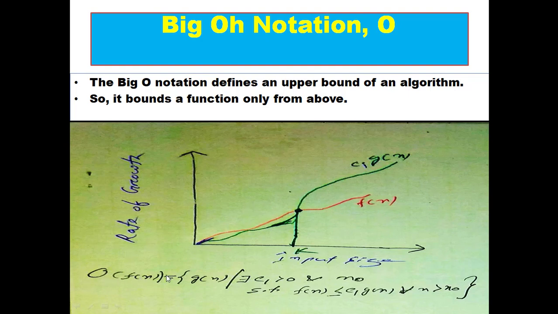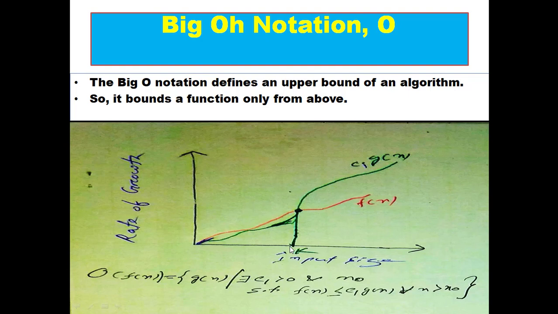Big O of f(n) will be g(n) if there exist c1 greater than 0, you will see that there is a constant c1 here, c1 into g(n), I am writing like that, and n0 such that f(n) is less than or equal to c1 g(n) for all n greater than n0. So this particular K where it touches is our n0 point.